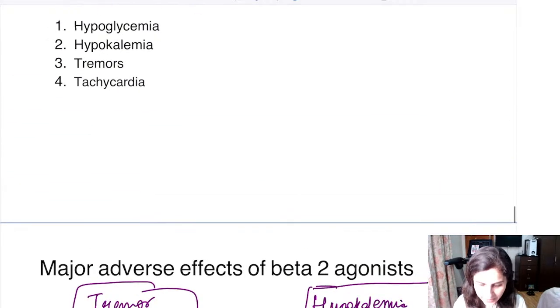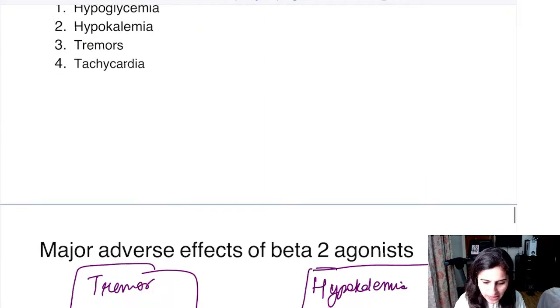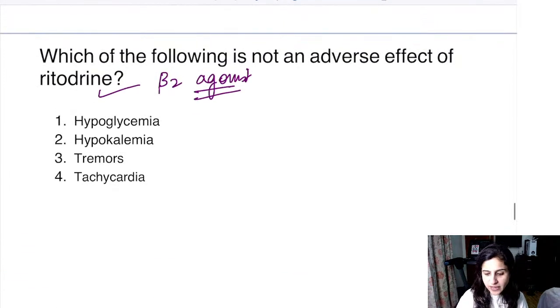Now check which effect is not there: hypoglycemia, hypokalemia, tremors or tachycardia. Which of the adverse effects is not seen with Ritodrine? You have to know what Ritodrine is, and then you can mark from what I have told you which of the 3 T's and 2 H's does not match. Hypoglycemia does not match.